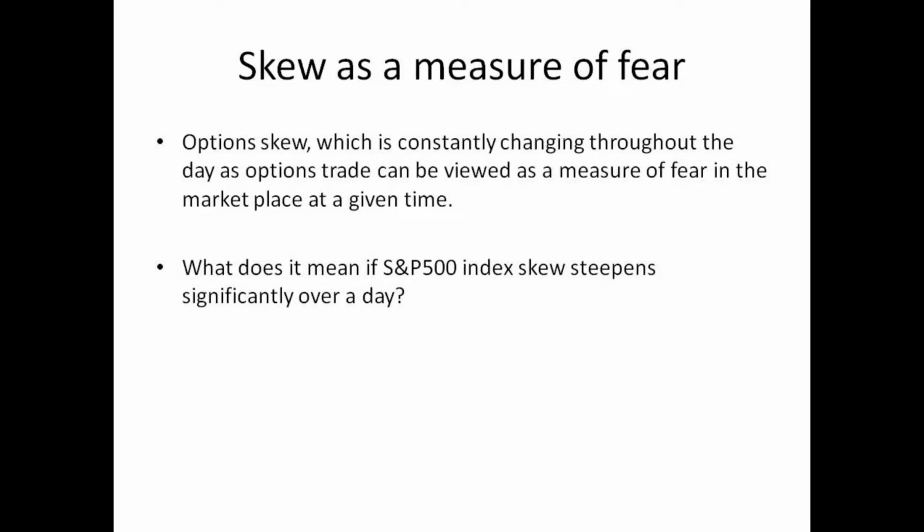It means the traders are worried about extreme moves, and they have been bidding up, buying out of the money or in the money options, and that has driven up the price of those, and essentially the traders are protecting themselves. They're preparing for a large move in the market. So that's what it means when we see the skew either steepen or flatten, is that you can think of that as a measure of fear in the markets.